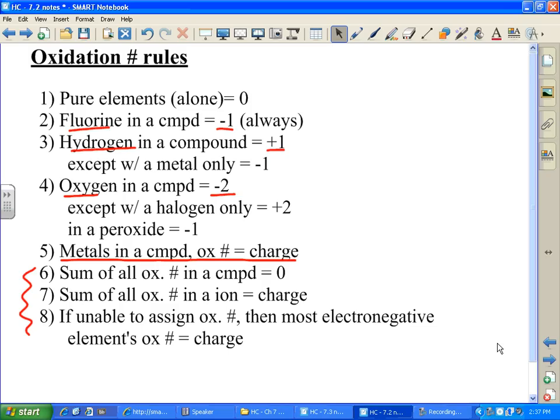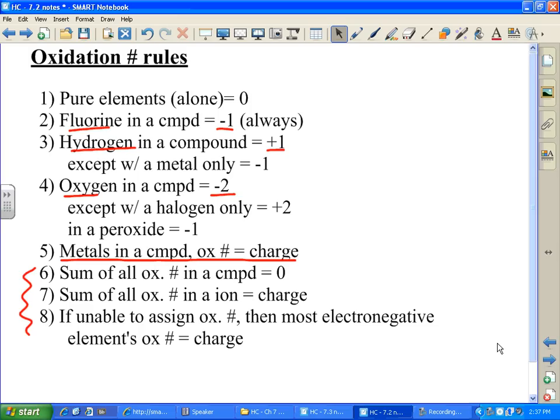As you can see here, the sum of all the oxidation numbers in a compound must add up to be 0. The sum of all the oxidation numbers in an ion has to equal its charge. And if we're not sure what an oxidation number should be, if we can't decide between 2 elements, then the one that's the most electronegative is the dominant element. Therefore, its oxidation number is equal to its charge.